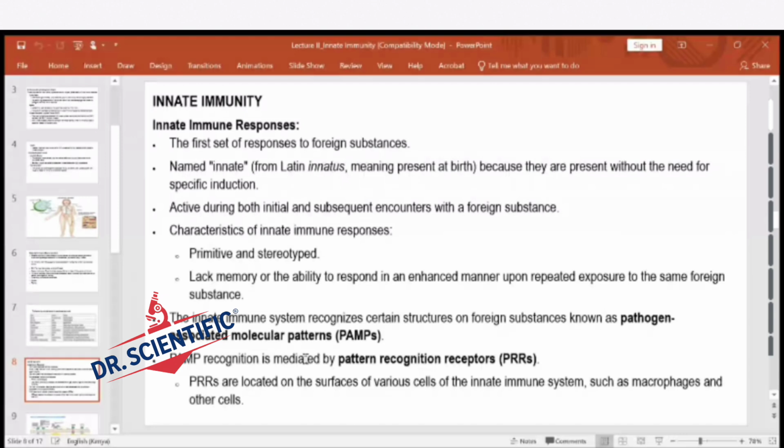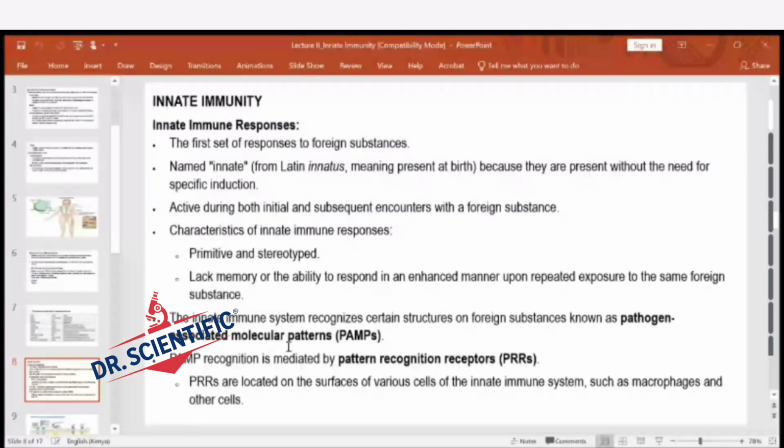Maybe it's a parasite, maybe it's a virus, maybe it's a fungus, maybe it's a prion. That prion would have a PAMP. Now, the innate cell will have a PRR, and the PRR is going to recognize this. Once they recognize these PAMPs, then an immune response is triggered to prevent the invader.